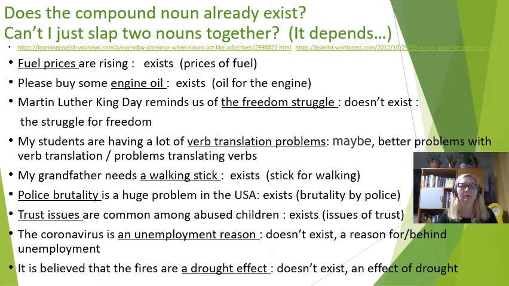Whereas something like fuel prices or ice cream or water bottle is a really common, concrete, real thing, while un motivo per la disoccupazione, an unemployment reason, is a very abstract thing. So that's a guideline that might help you decide when you're translating.